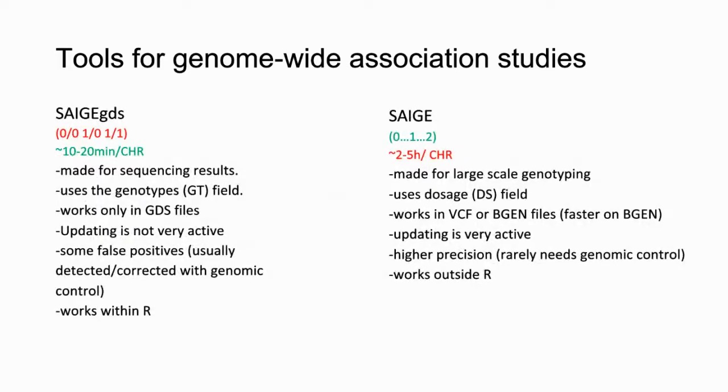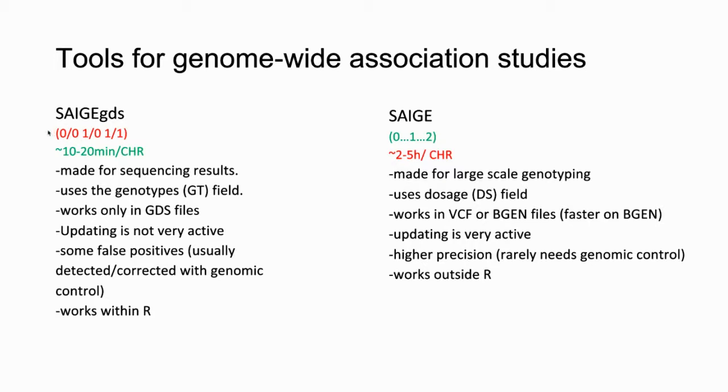Yes. Yeah, the last thing is, you will notice I have been mentioning two versions of SAIGE. We have SAIGE GDS, which is software designed for sequence data. We do not have sequence data for the time being, but it can also process the data that we have.